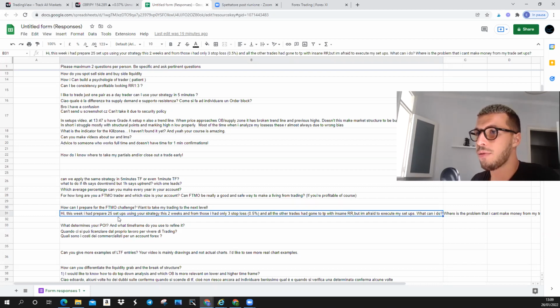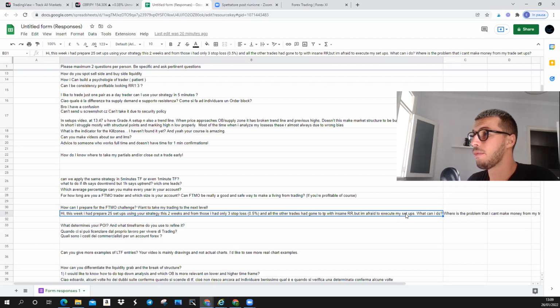This week I had 25 setups with your strategy, and I only had 3 stop losses, and all the remaining were with insane risk-reward ratio, but I'm afraid to execute my setups. If you're afraid, I would say that there are either two problems. Maybe you have not backtested the strategy enough and therefore you're not confident, or you are risking too much money because you are probably afraid of losing that money.